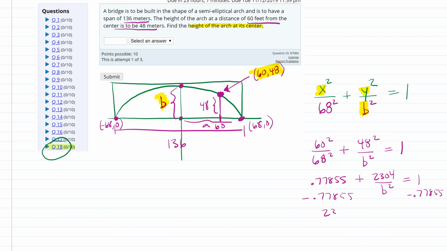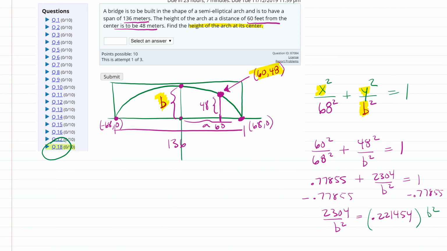That gives us 2304 over b squared is equal to 1 minus 0.778546, which I rounded to 0.77855, and that gives us 0.221454. Now we are going to multiply both sides by b squared, and then we'll divide by 0.221454.